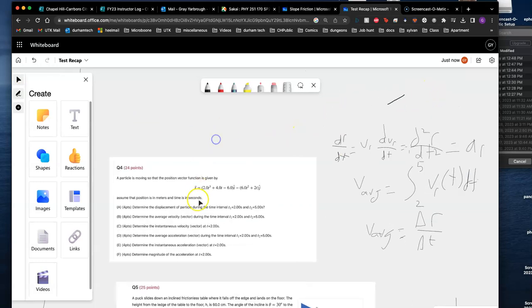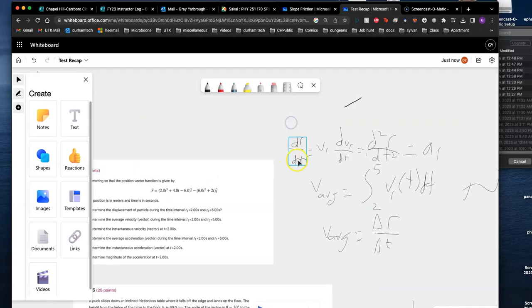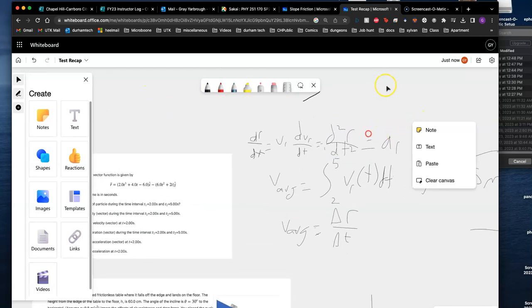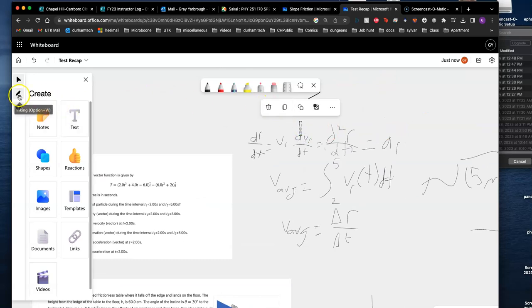So the change in our position over time, and it is a differential, is equal to v(r), or our velocity over time. I should move these things a little further over so that we don't get confused.